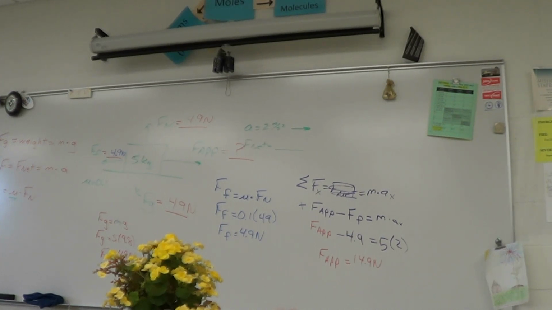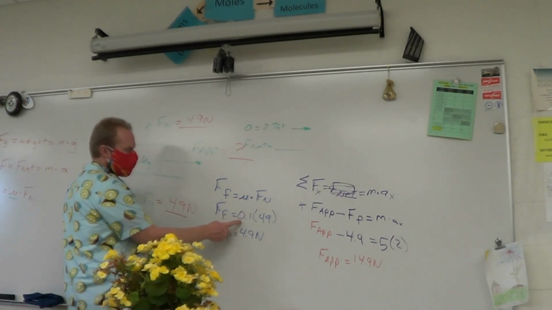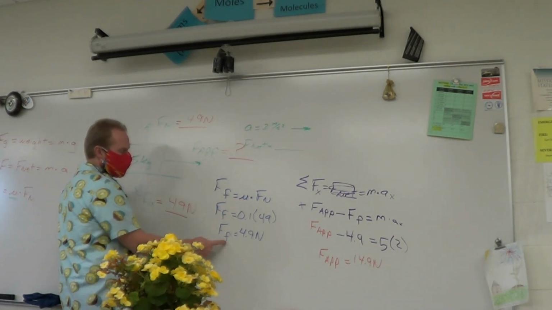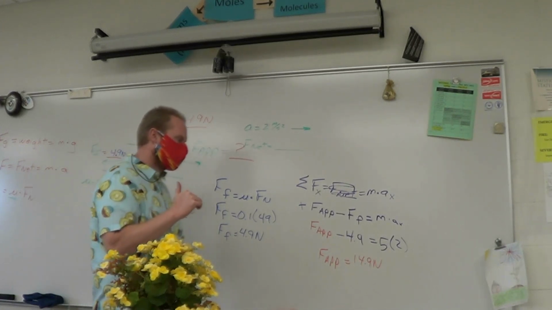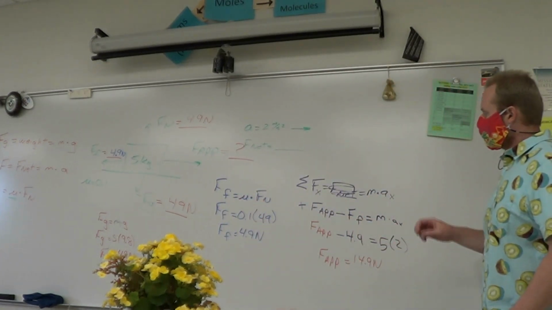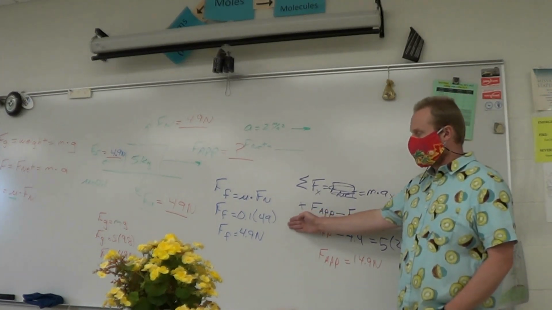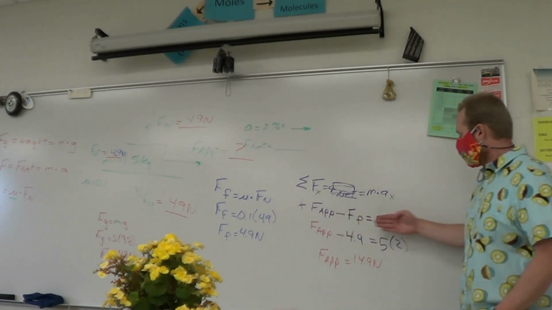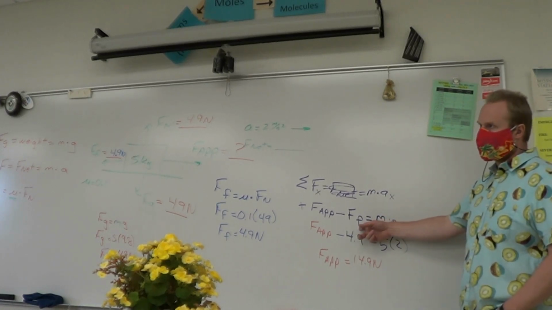So in the problem we did together on the board, because mu was given to be 0.1, we could calculate the force of friction. The one I'm asking you to do doesn't give you mu. So there's two ways you can find the force of friction. Use the force of friction equation if you have all the information, or you can build Newton's second law and solve for that force in it.